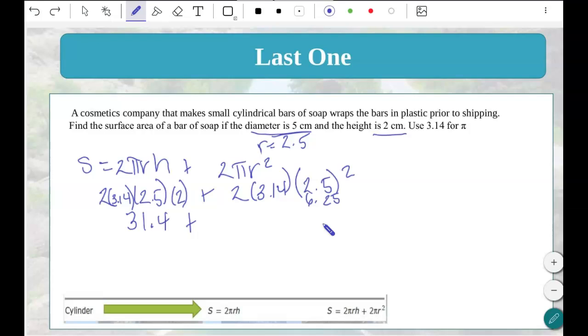And it comes out to 39.25. Add that together. And that's going to give us our total surface area. So 39.25 plus 31.4, we get 70.65, and it's going to be centimeters.